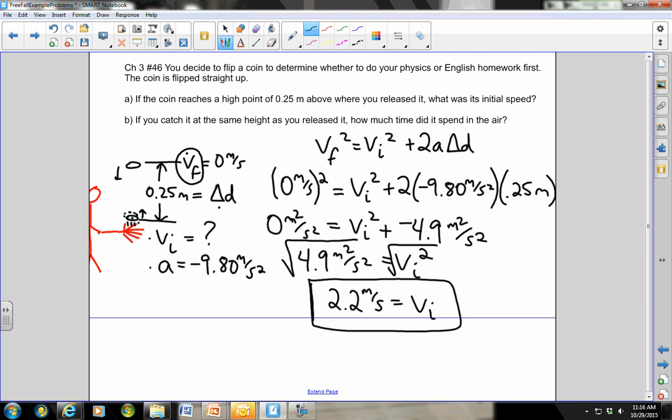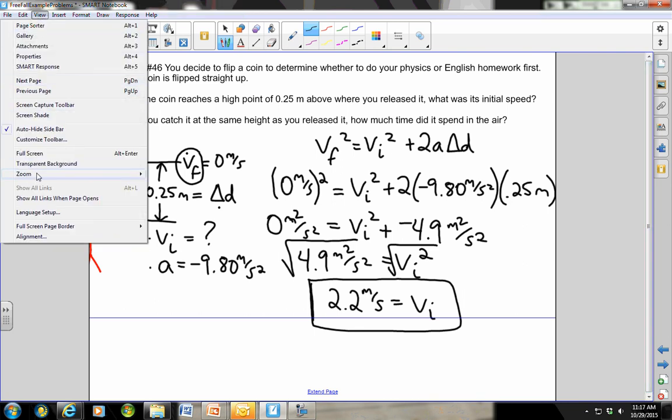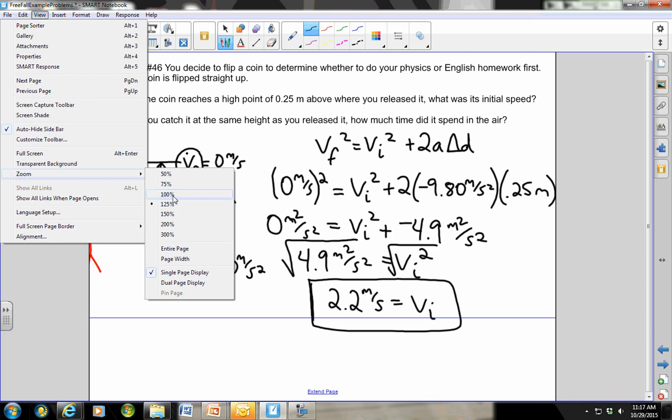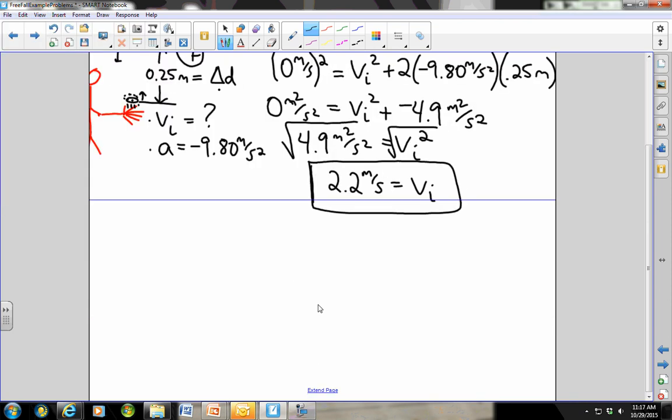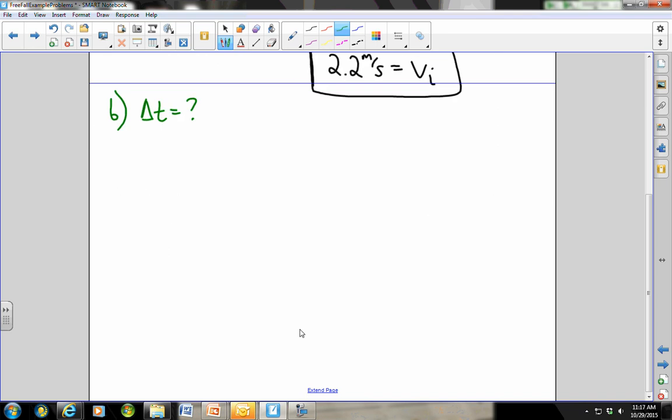Now B, it says if you catch it at the same height as you released it, how much time did it spend in the air? There are a couple ways to do this. Let's extend the page actually. So if you are trying to find how much time now, I'm going to show you two ways. One is you find the time it takes to go up and double it.